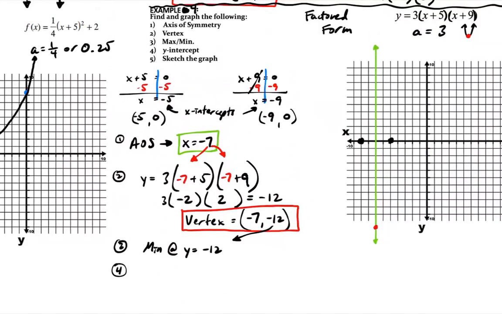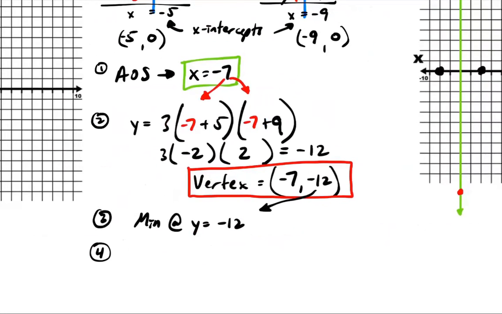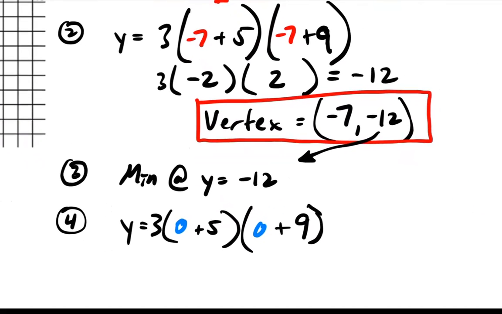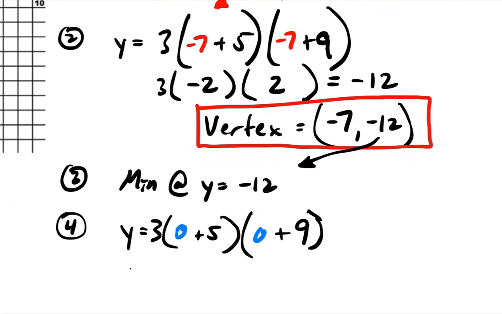Alrighty. One more thing we have to do before we sketch is find the y-intercept. Anytime you're finding the y-intercept, plug in 0 for x. Anywhere you see an x, plug in a 0. So I'm going to erase the x's and plug in 0, 0, 0.